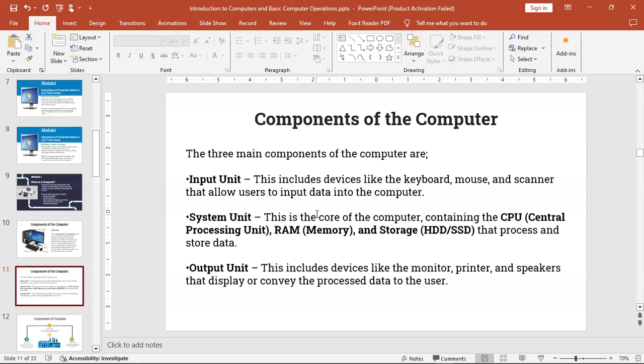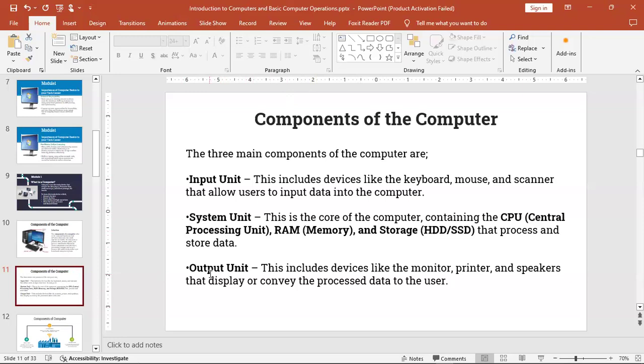It also contains the RAM, in brackets the memory, and storage that process and store data. So all the processing of the data, all the arithmetic and logic operations are done here in the system unit. And we're going to see exactly how it works.